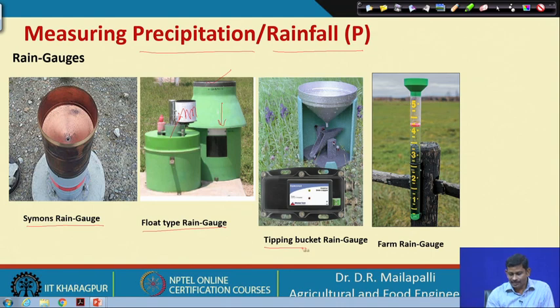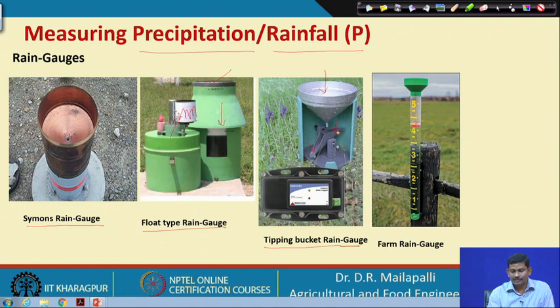And there is a tipping bucket rain gauge. This is also a recording type. Here, the same funnel collects the water, and there are two buckets. The bucket on top will be filled first.